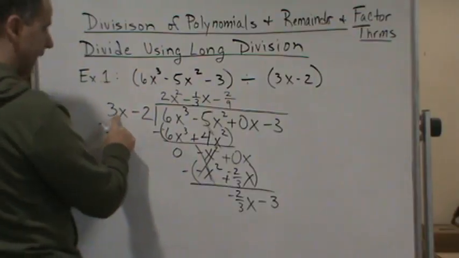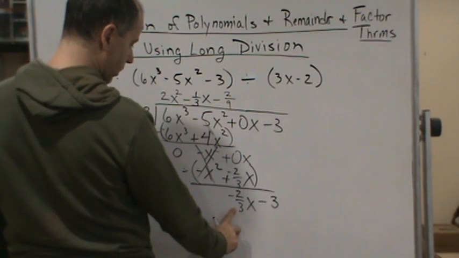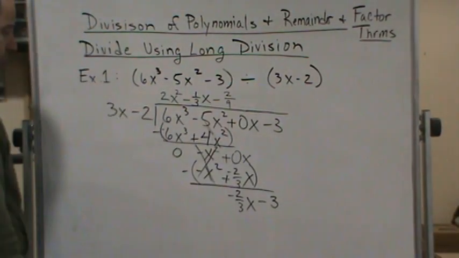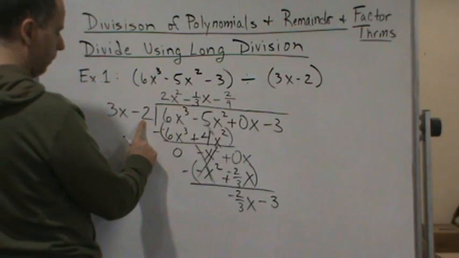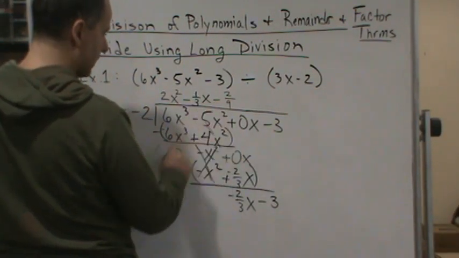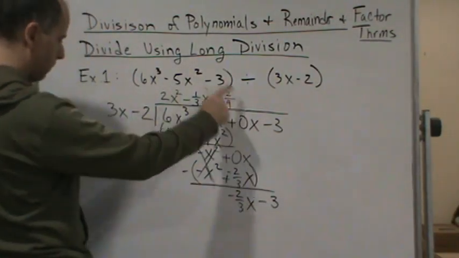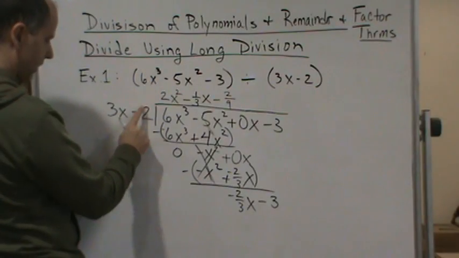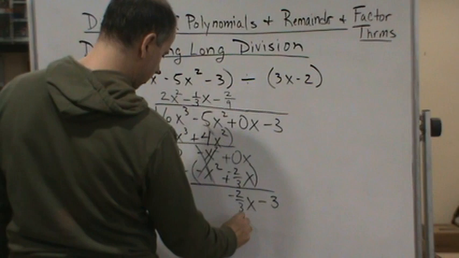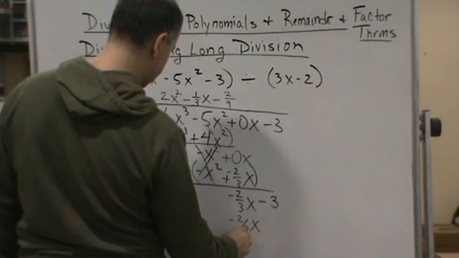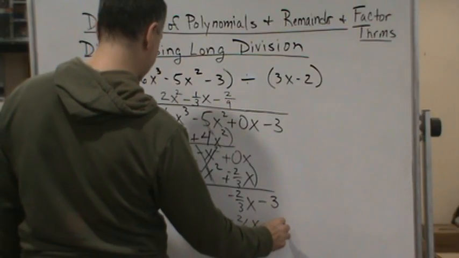So 3x times negative 2/9 will give me negative 2/3 x. Now I'm going to multiply by negative 2, and that will give me positive 4/9. So if I multiply this divisor by this, I get negative 2/3 x plus 4/9.